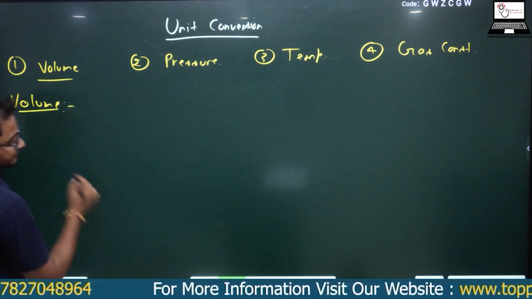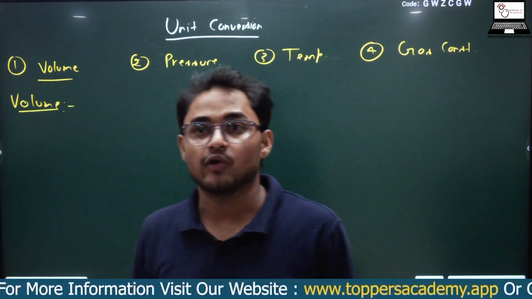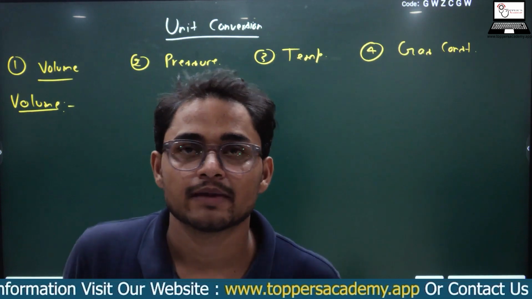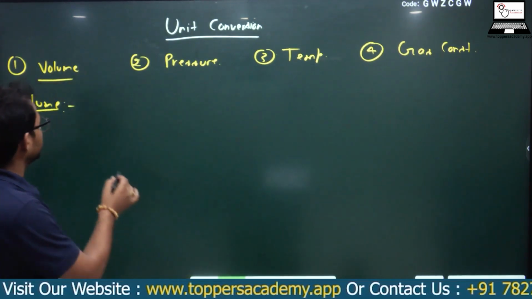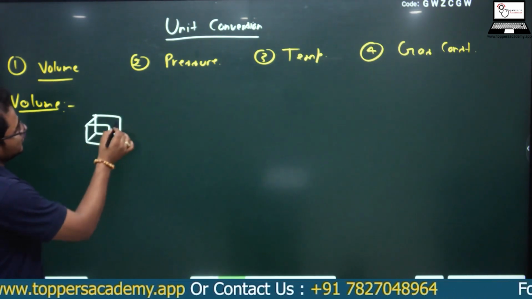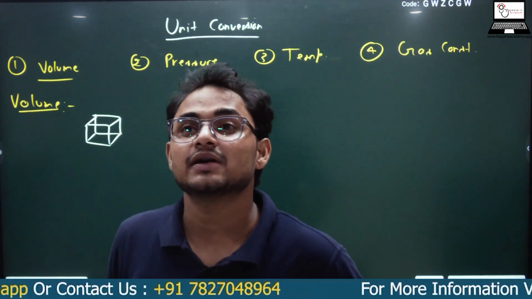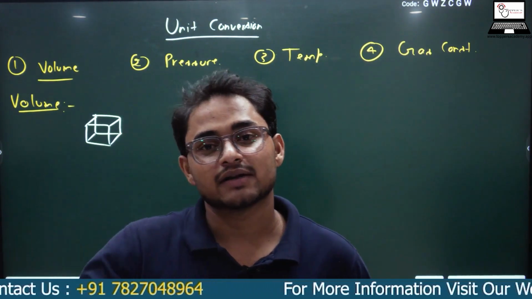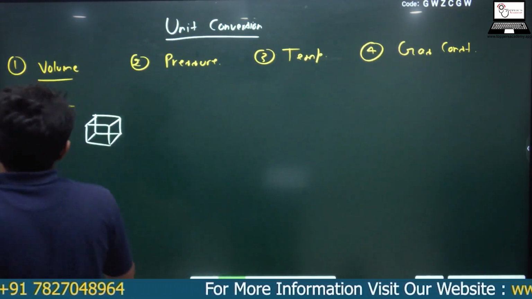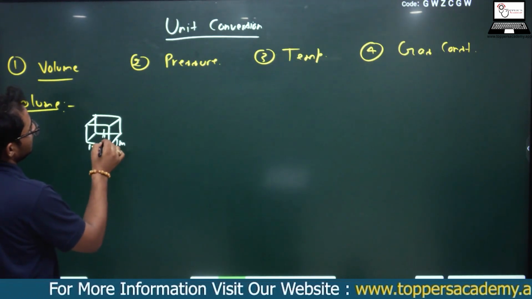Now listen, volume. Suppose you are having a water tank at your roof, and it is cubical in shape, that means it is having length, breadth and height, right? So suppose 1 meter length, 1 meter breadth, 1 meter height.